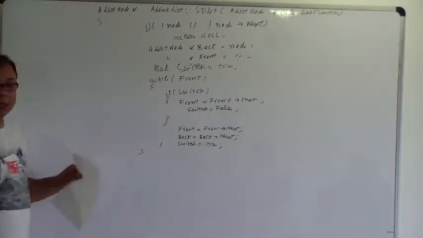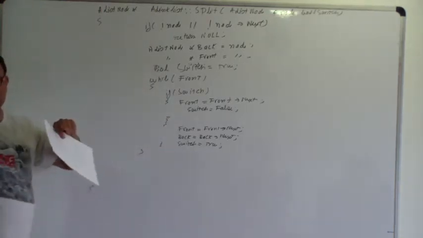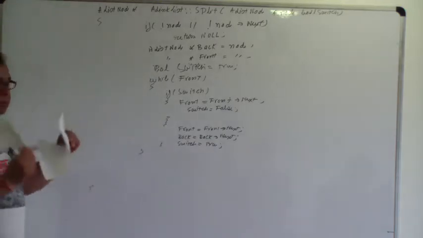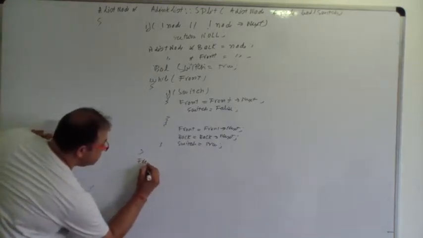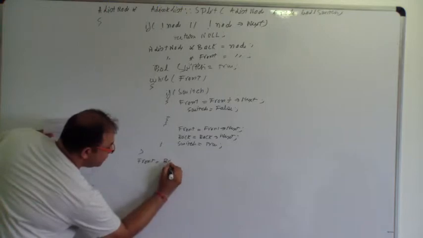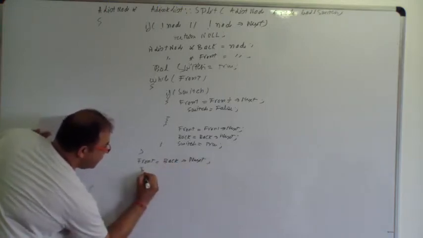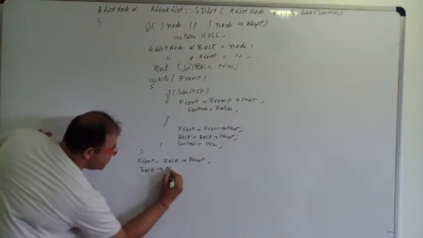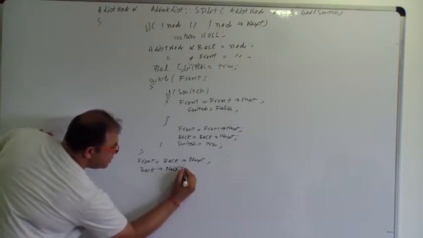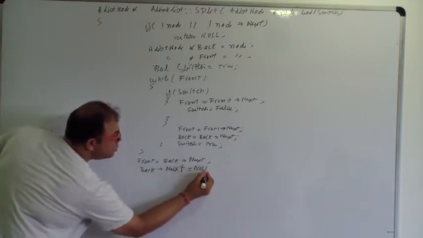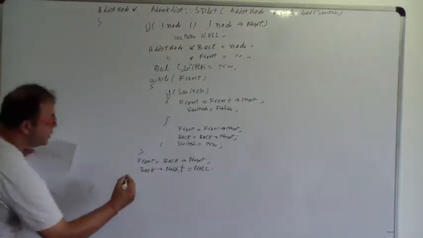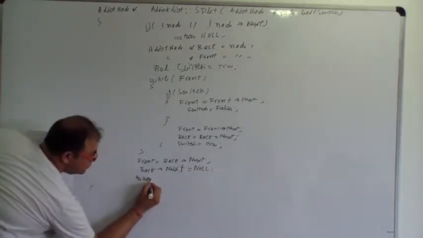So once we are done, at this point, front has gone out and back is at the middle. So we will say front is equal to back arrow next and back arrow next is equal to null. So we broke the list and we are returning front.